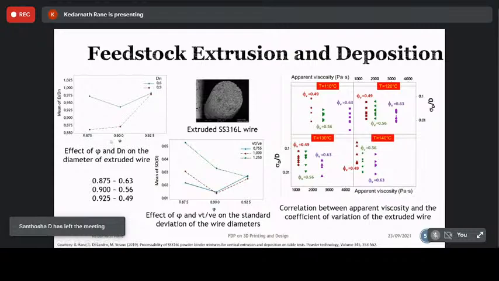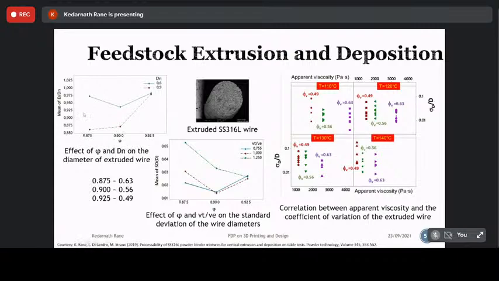We used different solid loadings and different deposition conditions, like different nozzle diameters. You can see 600 microns, 900 microns. It is very tiny deposition that we achieved through our systems because of the merits of our extrusion head.